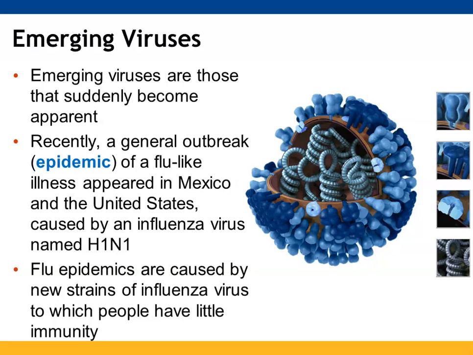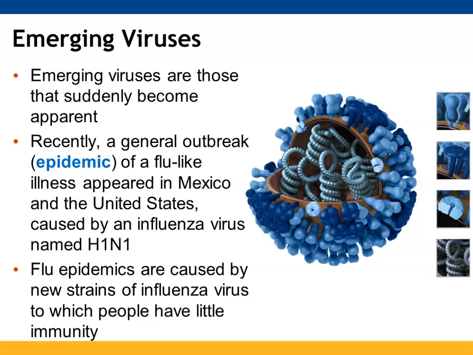Emerging viruses, ones that suddenly become apparent. When I covered this last year, COVID was out, but it definitely was not anywhere near where it is today. COVID would definitely be an emerging virus. We had an epidemic of a flu-like virus, nothing like COVID, when I first started teaching.